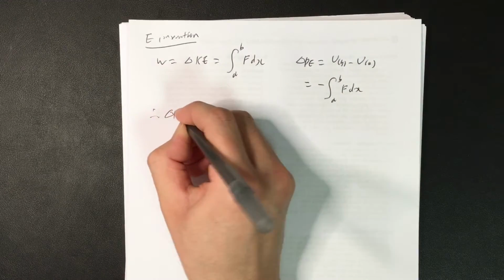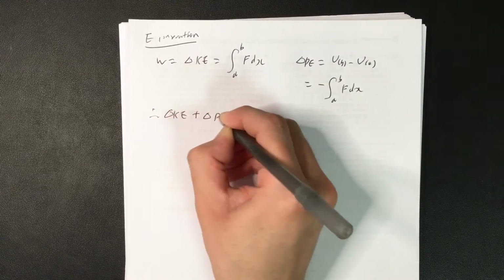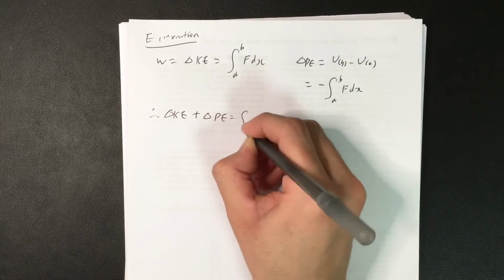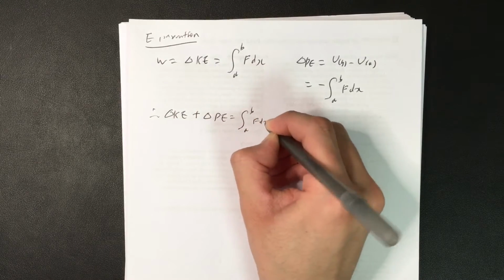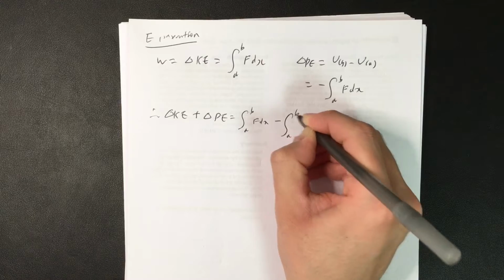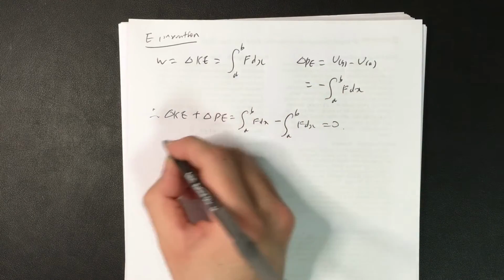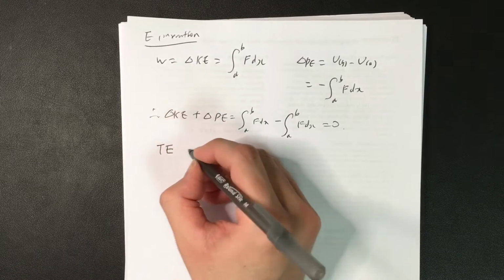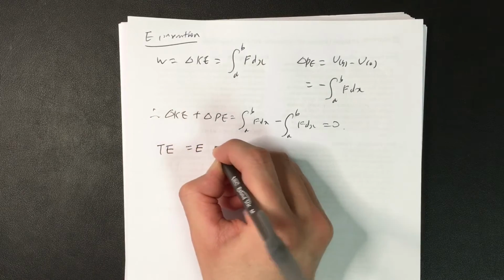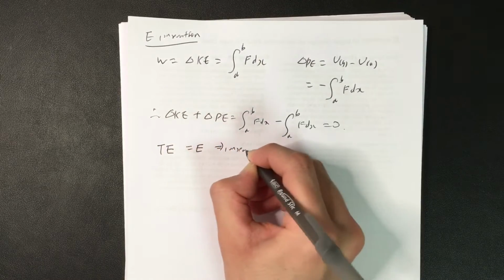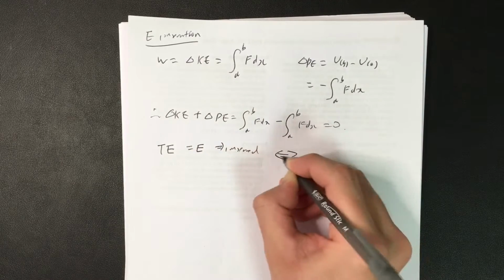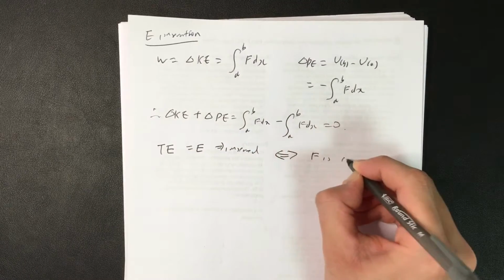So therefore, the change in kinetic energy plus the change in potential energy equals the integral from A to B of F dx minus the integral from A to B of F dx, which equals 0. So therefore, the total amount of energy, which is denoted as E, is conserved. And this is conserved if and only if the force is conservative.